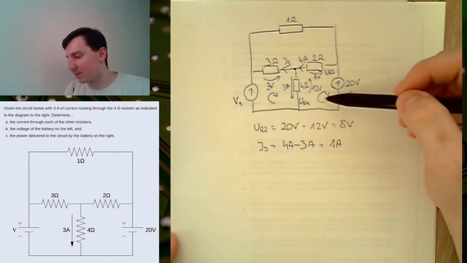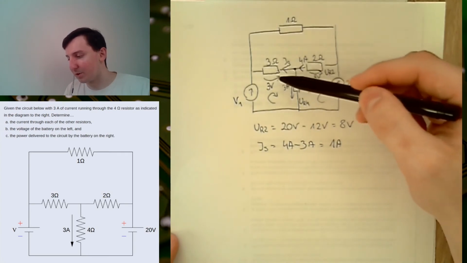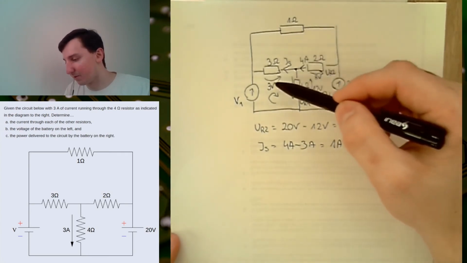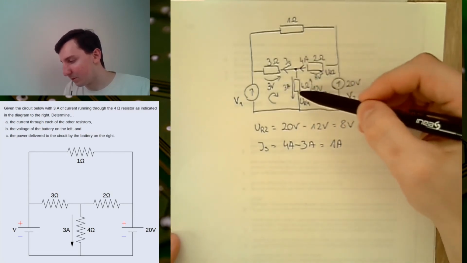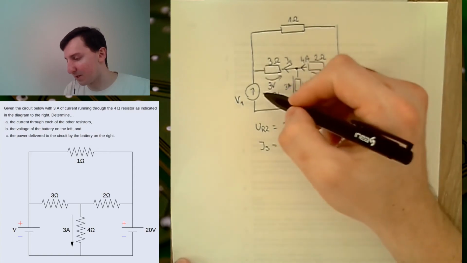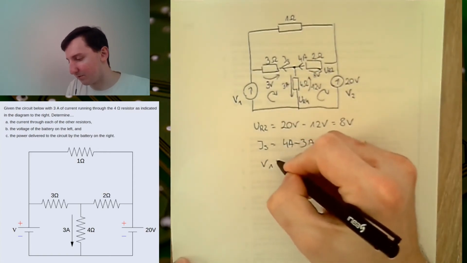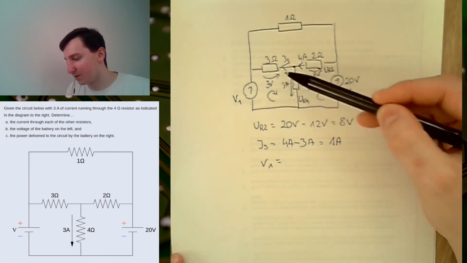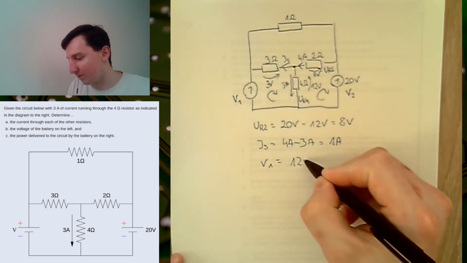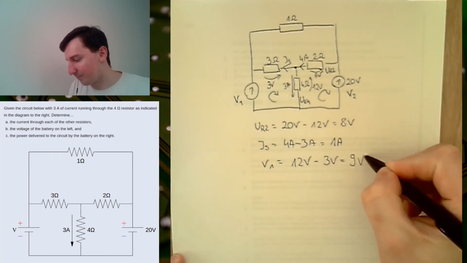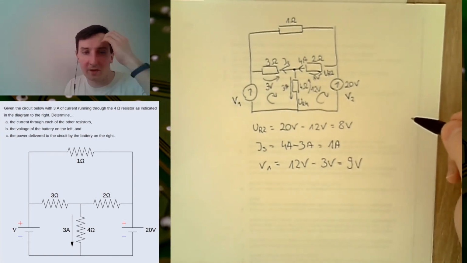So again, the same principle, all voltage drops must balance out. So we have 3, 12 in the opposite direction. So we expect this voltage V1 to be the difference of this and this one. Okay, so 12 volts minus 3 is 9.